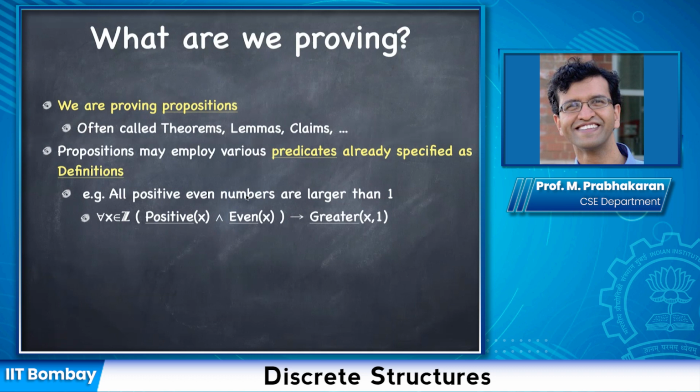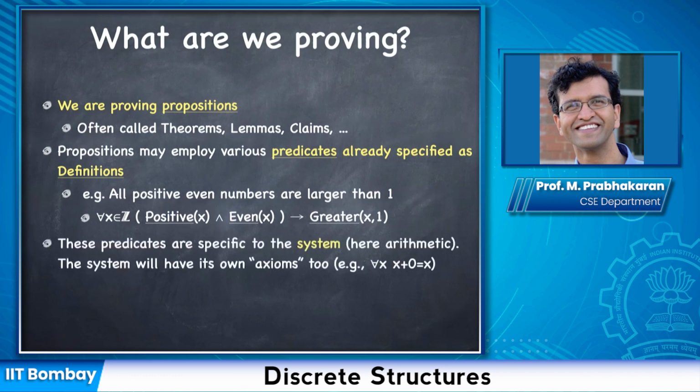And the proposition then is that for every x in Z, if x is positive and x is even, then x is greater than 1. And x is positive and x is even, they are written in terms of predicates positive and even, and greater is also a predicate over pairs of integers, right?